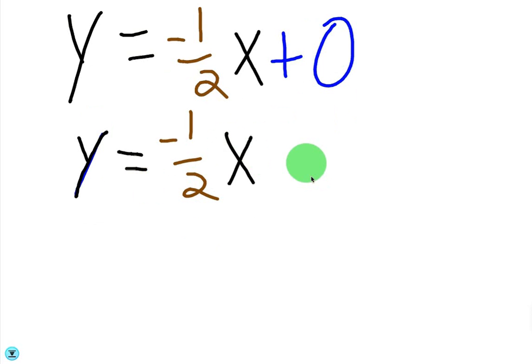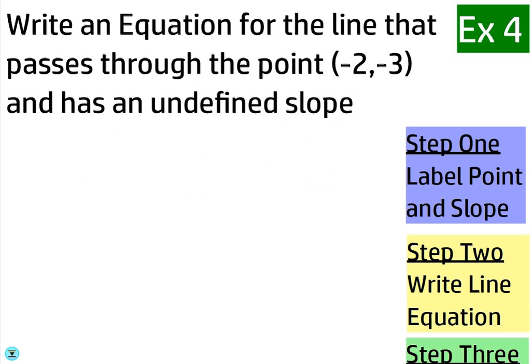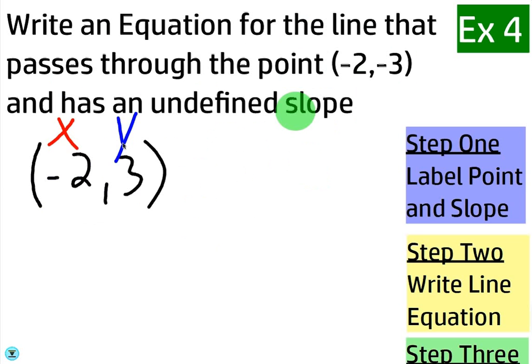Okay, we're going to do one more example. It says, write an equation for the line that passes through the point -2, -3, and has an undefined slope. Okay. This one's harder. I'm going to start to do the steps, but it's not going to make a difference here because this is an exception.